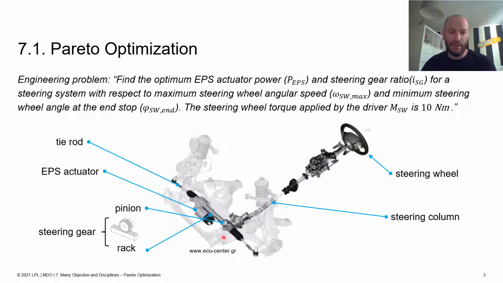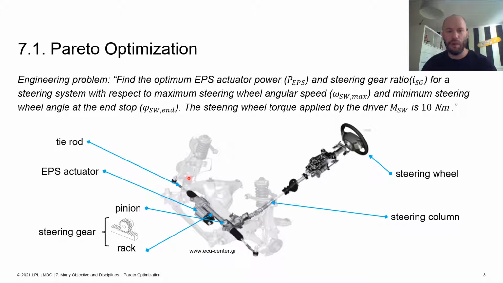Then there is a steering gear, which is transferring the motion from a rotational movement to a translational movement on the rack, and the final movement, as I said, ends up at the wheel with the tie rod.